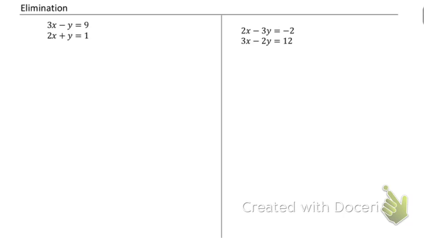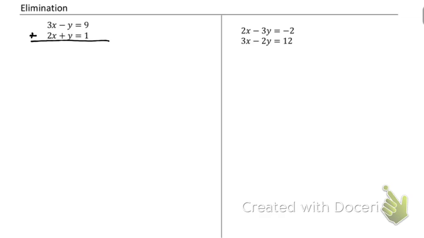If we look at these two equations, I have 3x minus y equals 9. In the other equation, I either need a negative 3x, I don't have that, but I do have a positive and negative y. So I really don't have to do any work at all. What I'm going to do is I'm just going to add these two equations together. And I'm going to do element by element.